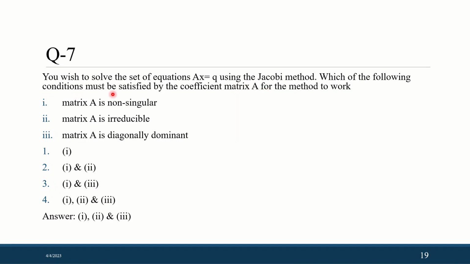Which of the following conditions must be satisfied by the coefficient matrix for the method to work? Matrix A is non-singular, matrix A is irreducible, matrix A is not diagonally dominant.